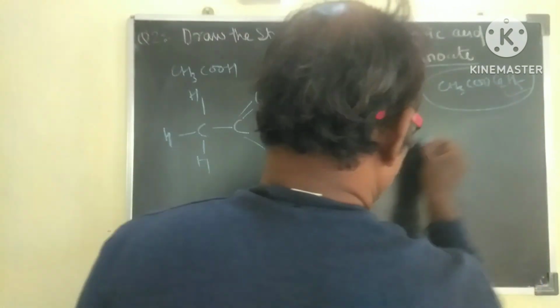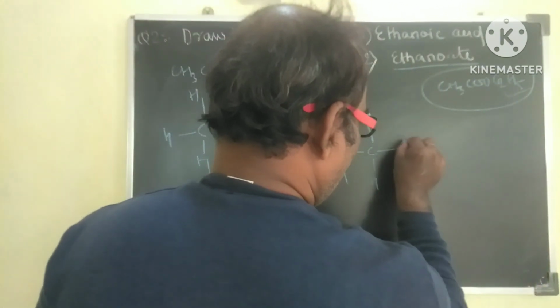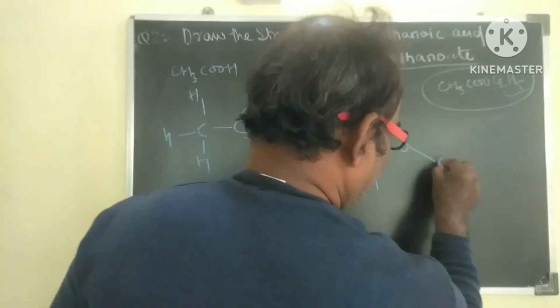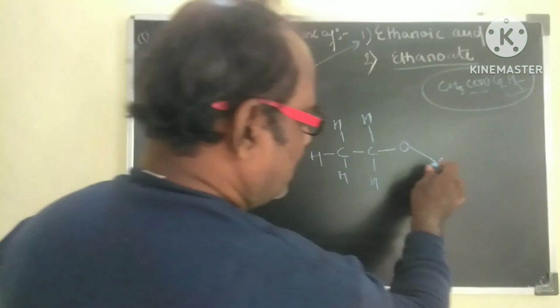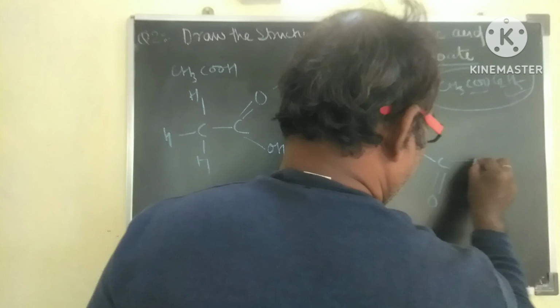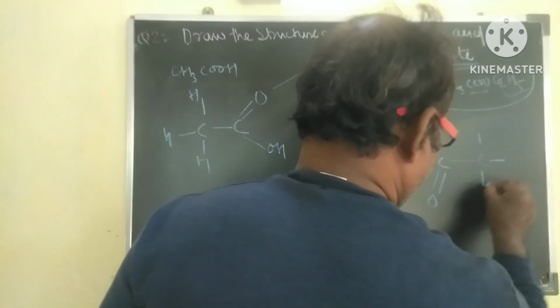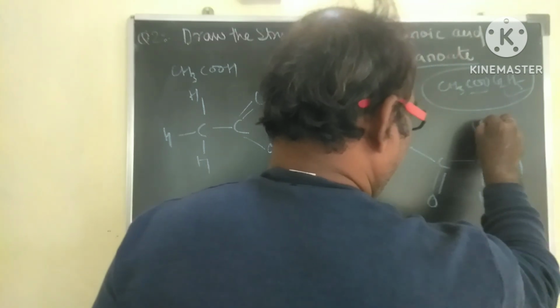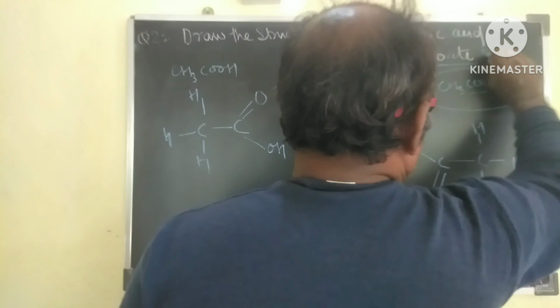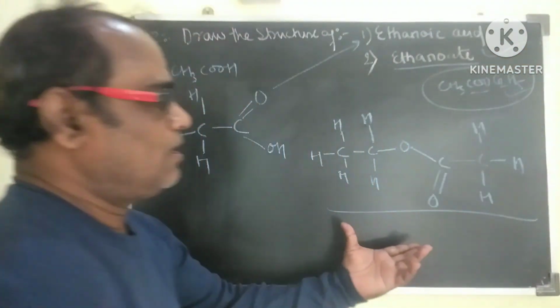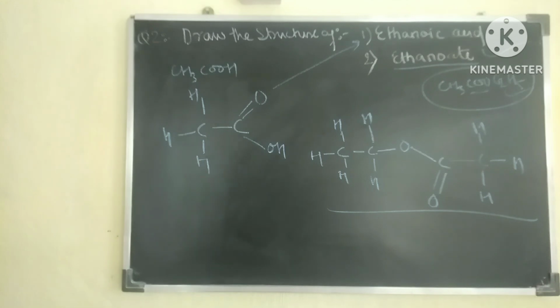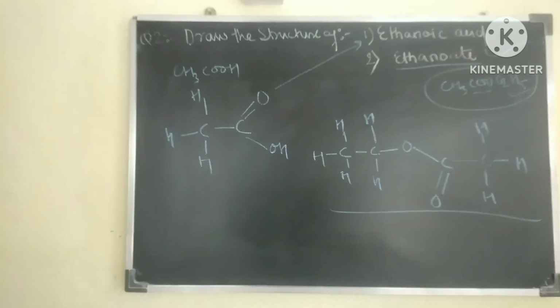Then we have to draw with this single bond O. This comes with this, that means COO we have already completed. Then CH3, this is CH3. In this way you have to practice. Sorry, not sodium ethanoate, it is only ethyl ethanoate.